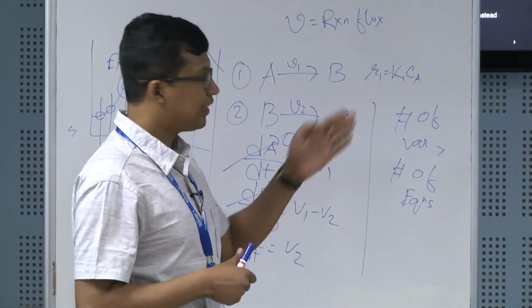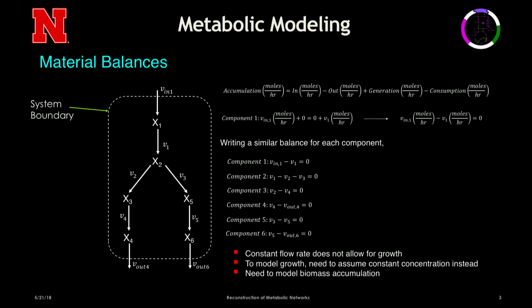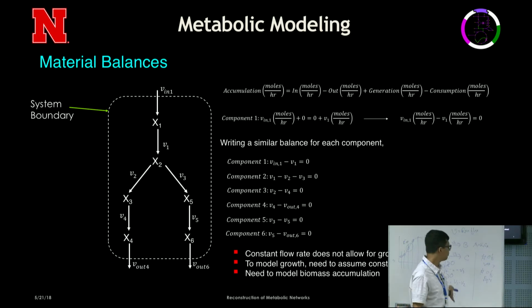Now, if you look at this simple network on the screen, you could see that we have x1, x2, x3, x4, x5 and x6. So, we have 6 different metabolites. The V's are the fluxes, and if I ask you to write the balance equation as we have done for these simple cases, can you do it?